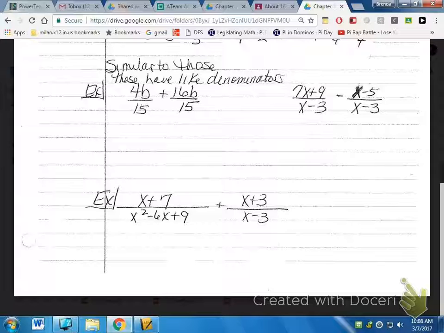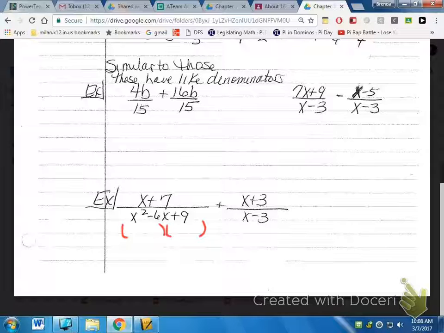Well, before I can decide if x minus 3 is a factor of x squared minus 6x plus 9, I'm pretty sure I need to factor that. And I'm going to do this. Hopefully you all remember this. Now, pretty sure, honestly, we could go the shortcut route, but I'm not sure you would remember it at this point.